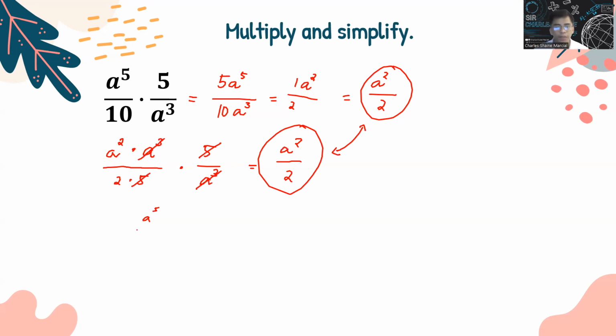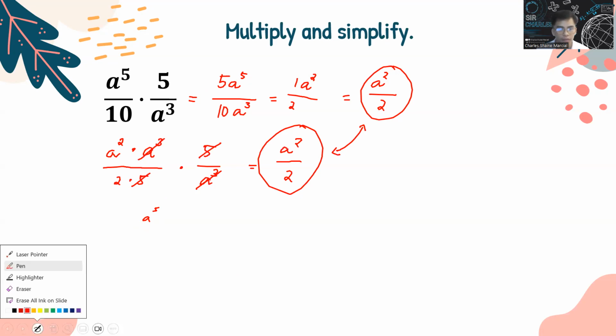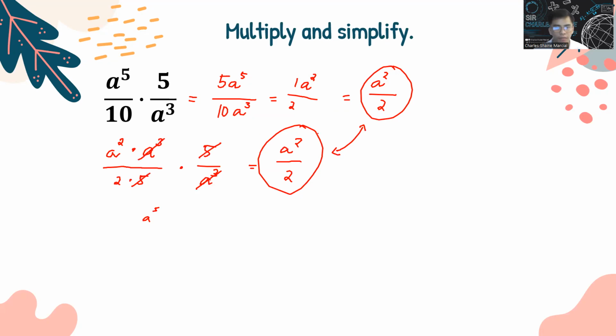So, using cross multiplication. Paano ba mag-cross multiplication? Ganito lang po yan. Let's say we have a raised to 5 over 10 times 5 over a cubed. So, pwede na natin siyang idirekta dito.